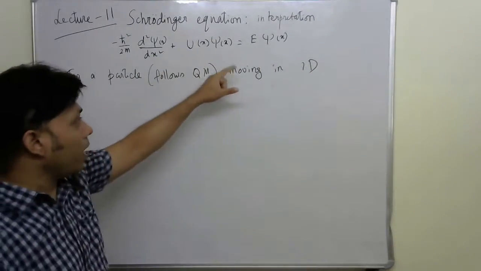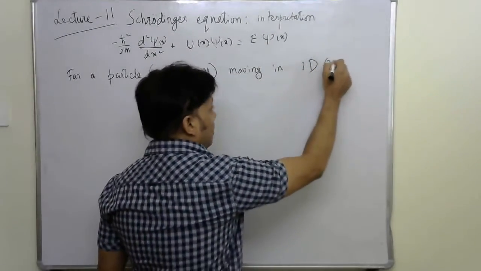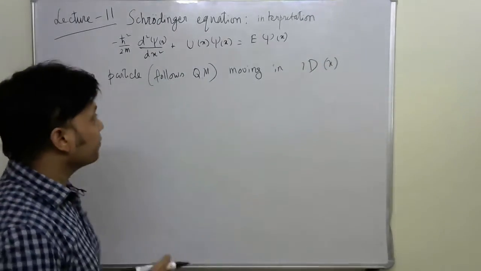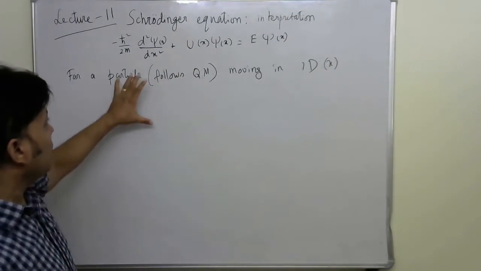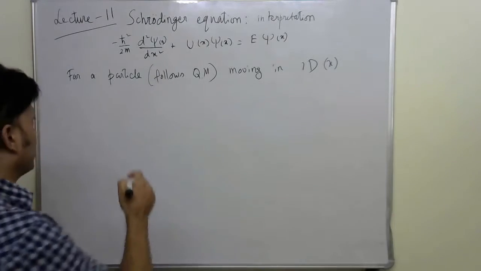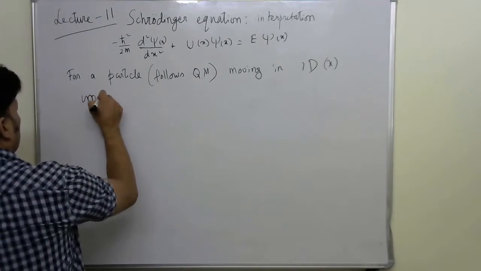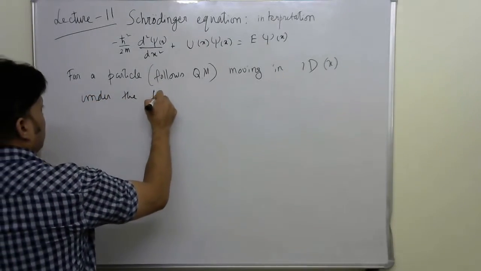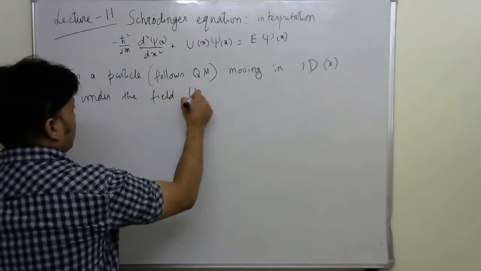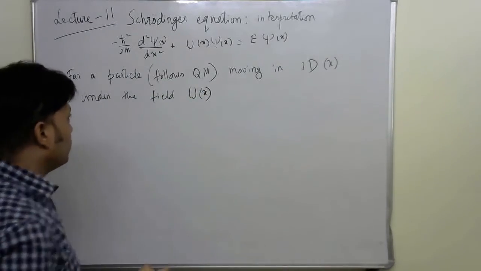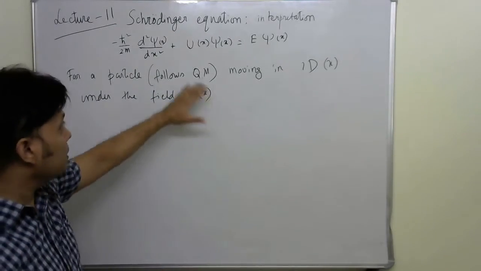So here we have only one dimension, which is x, moving under a potential field u(x). Under the field means force field u(x), so that's why its potential energy is u(x).